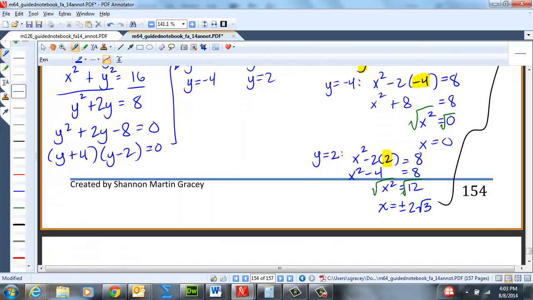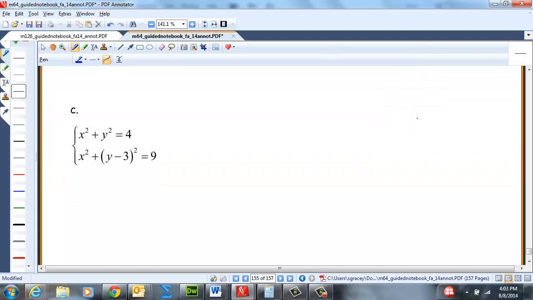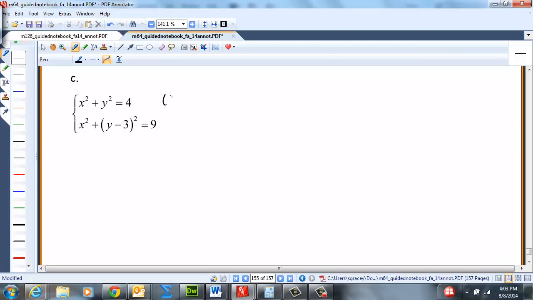All right, so here we go. Part C. Again, I think if we eliminate the x squareds, that would be ideal. So we would do negative 1 times equation A plus equation B, and that's going to eliminate the x squared.